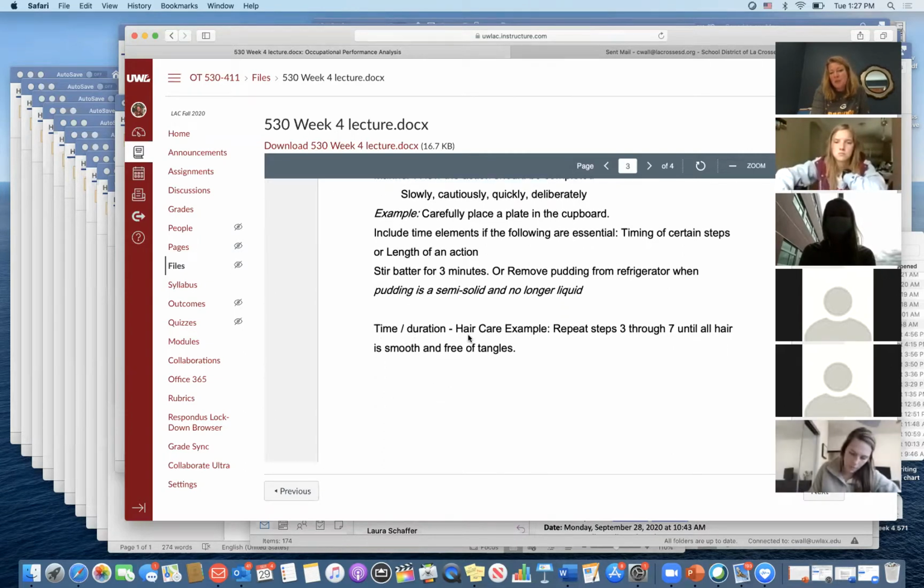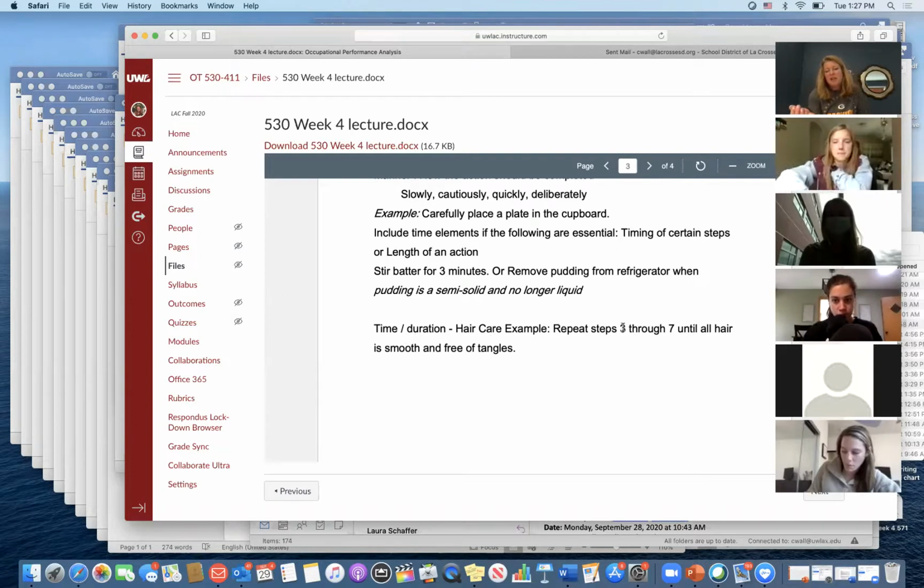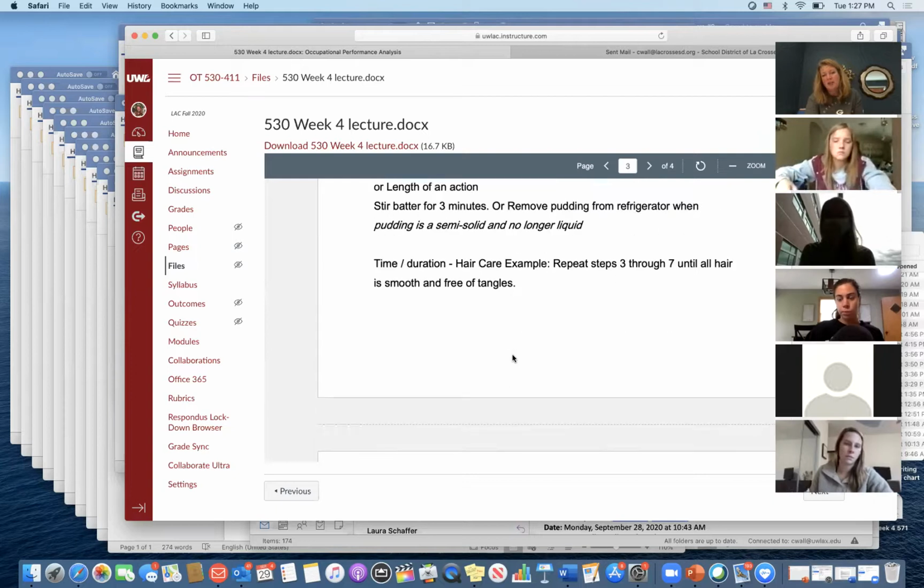There was an example in the book about hair care that said, repeat steps 3 through 7 until the hair is smooth and free of tangles. It's telling you you're going to keep doing these steps until it looks like this, using time and some judgment together so they know how long to participate in the activity.